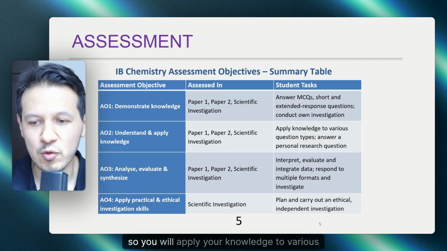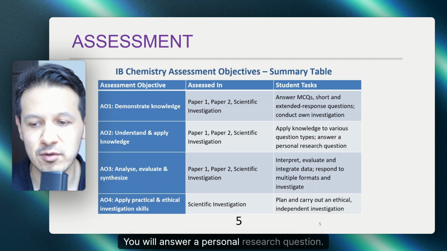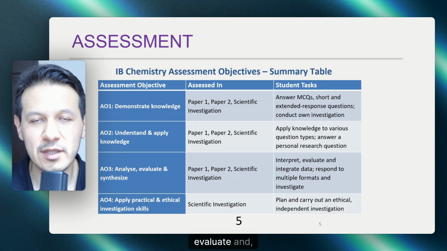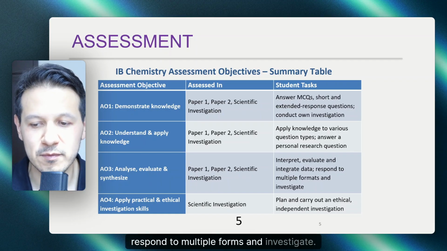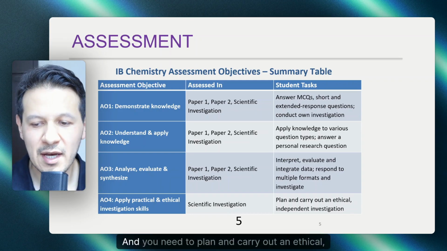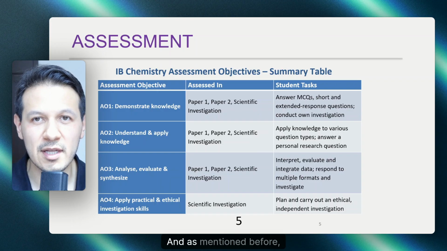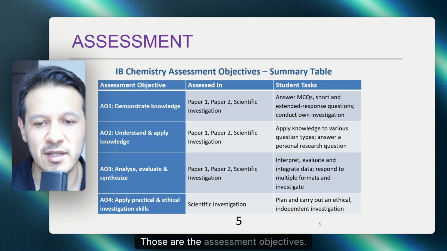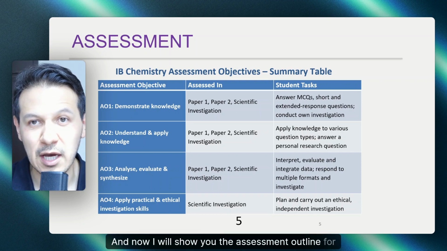Okay, so you will apply your knowledge to various question types, you will answer a personal research question, you will interpret, evaluate, and integrate data, respond to multiple forms, and investigate. And you need to plan and carry out an ethical, independent investigation. And as mentioned before, this is very important. Those are the assessment objectives. And now I will show you the assessment outline for the subject.